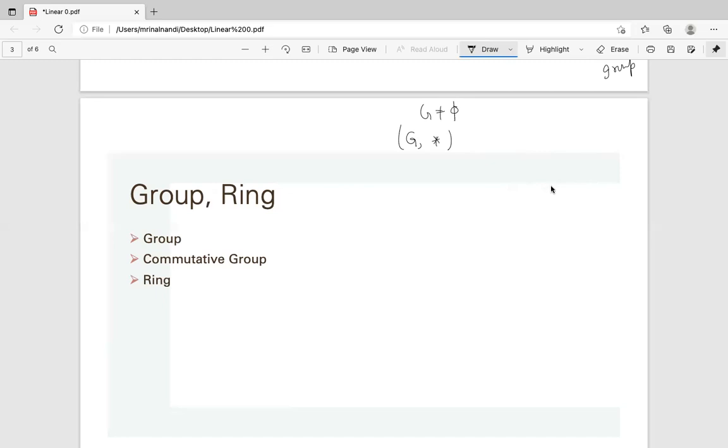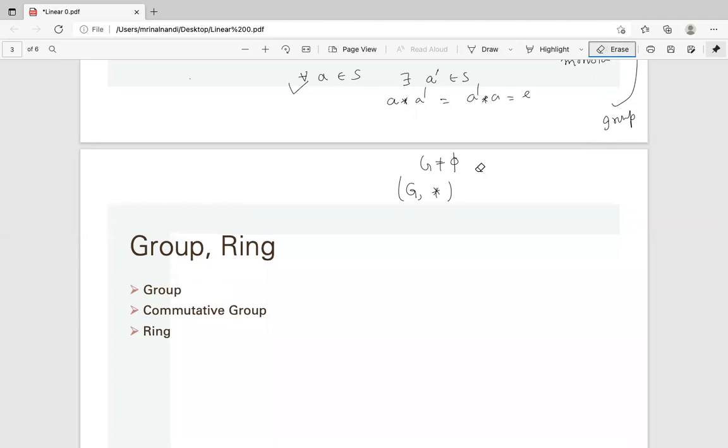Existence of identity comes first. If identity does not exist, then inverse can't exist, because by definition A star A inverse is E. So E must exist first. With the addition of that, it is a group.